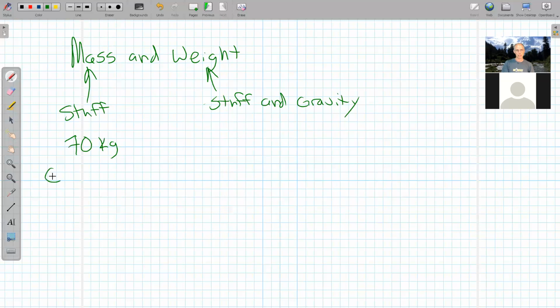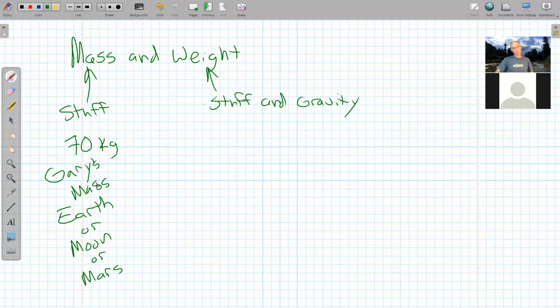So that's my mass. It doesn't matter whether I'm on Earth or the moon or Mars. I'm going to have exactly the same mass, okay? Well, provided I don't lose weight or gain it. So let's just suppose my mass is fixed.